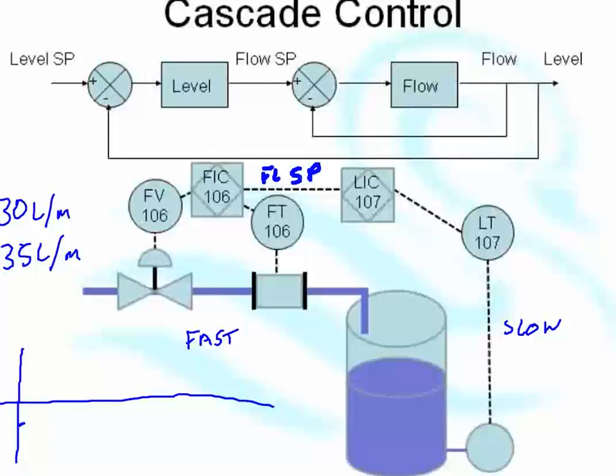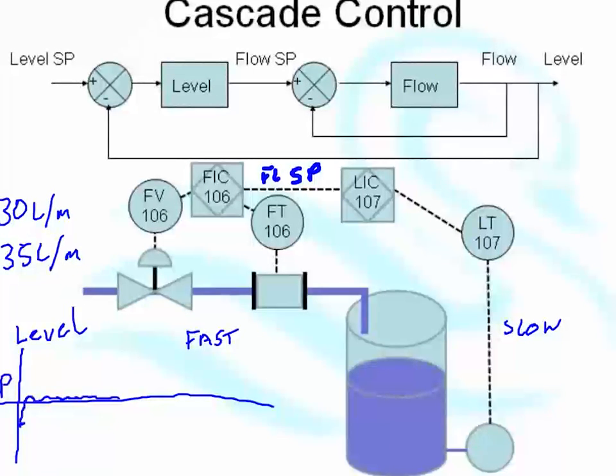Now the flow control sees that and corrects it. Because the flow control is such a fast control, it corrects that overshoot within just a few seconds, so the response for the level, instead of being a long drawn-out oscillation, is a pretty quick response back to the set point.